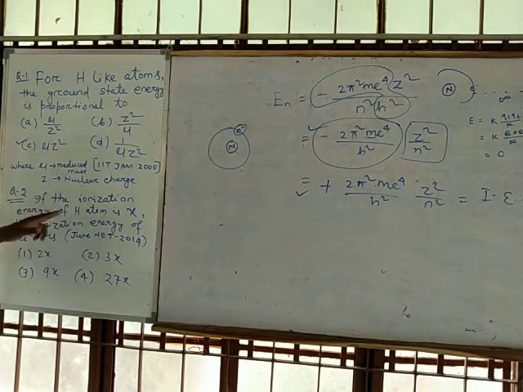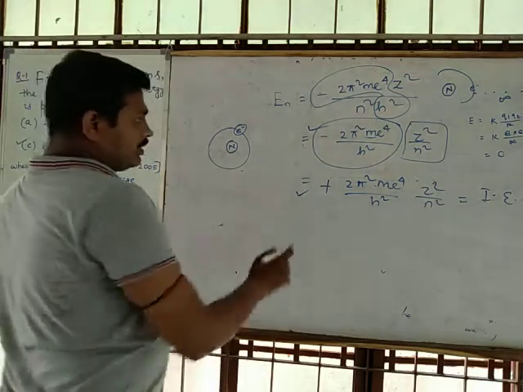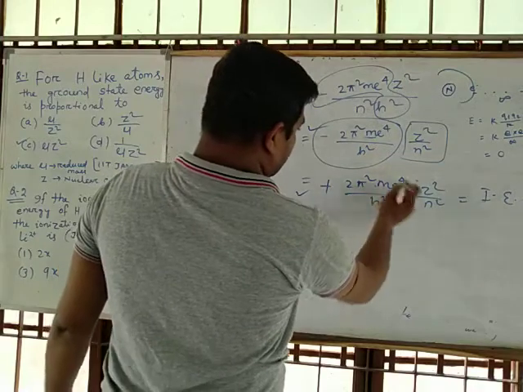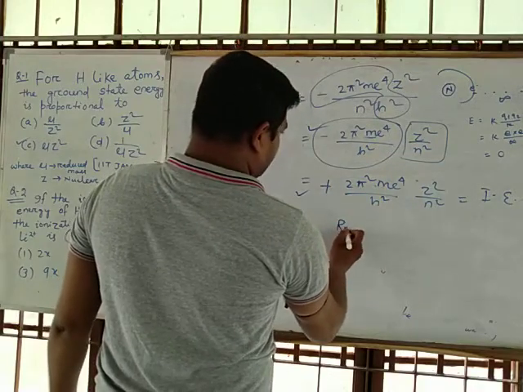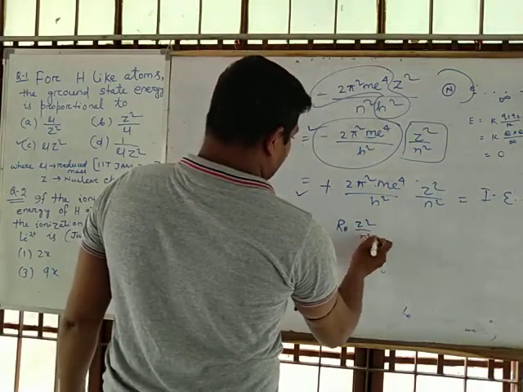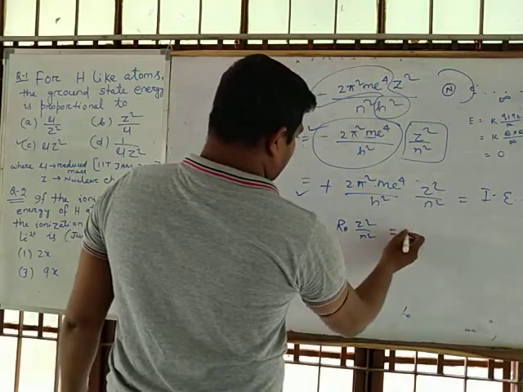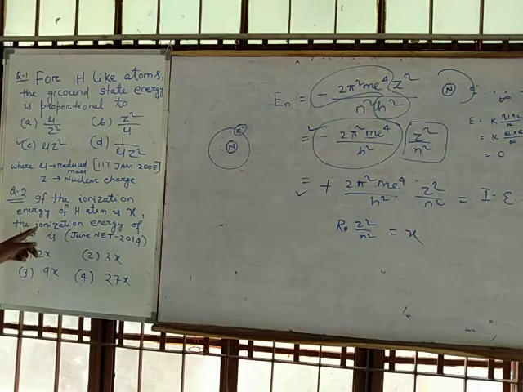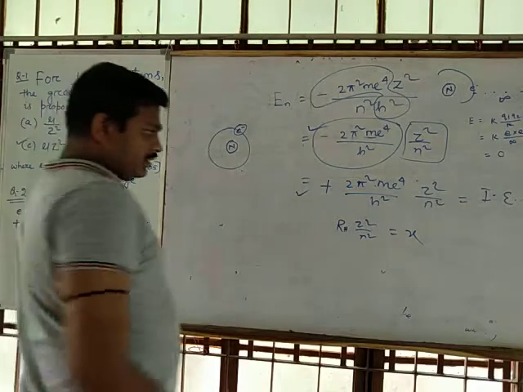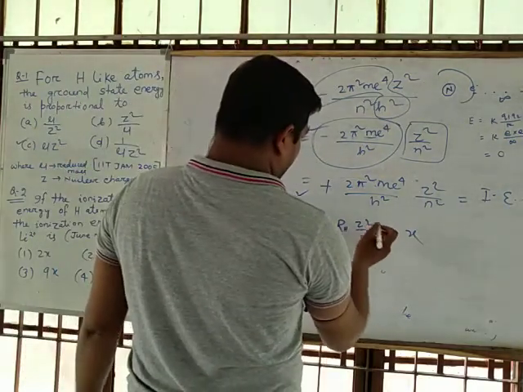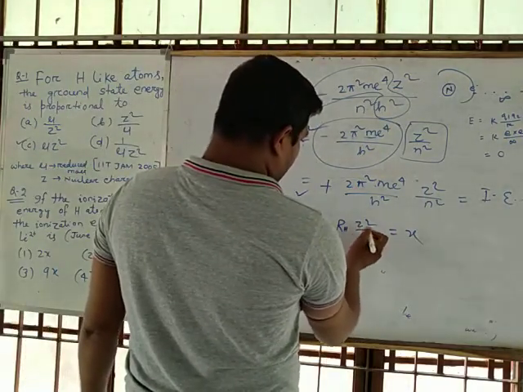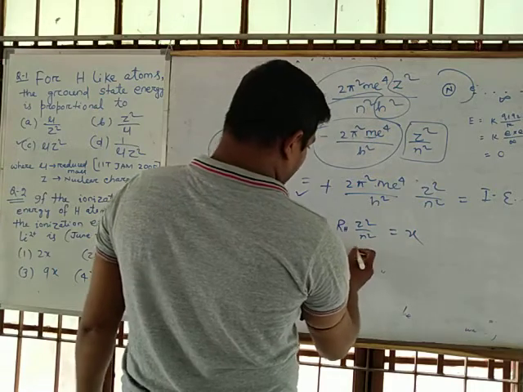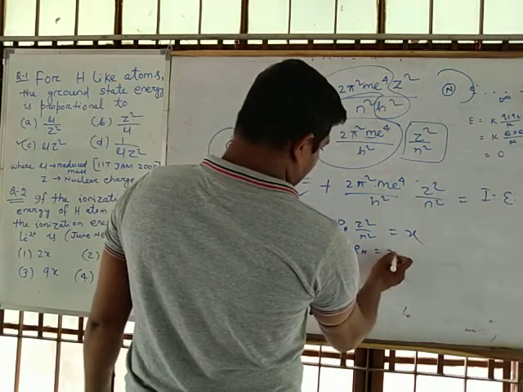Here the ionization energy of hydrogen atom is x. Suppose for a hydrogen atom the ionization energy is R H Z square by n square, where R H is a constant term, which is given as x. Now the ionization energy of lithium 2 plus. For hydrogen Z is 1, n is 1, so R H is x.